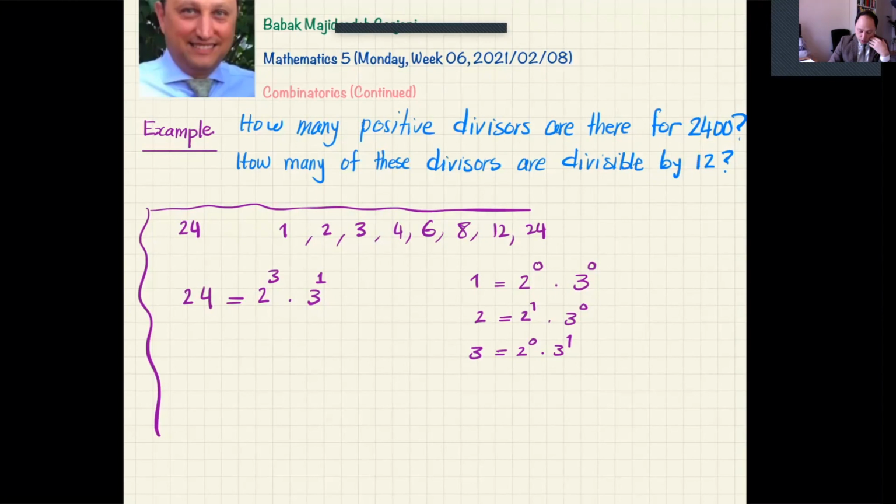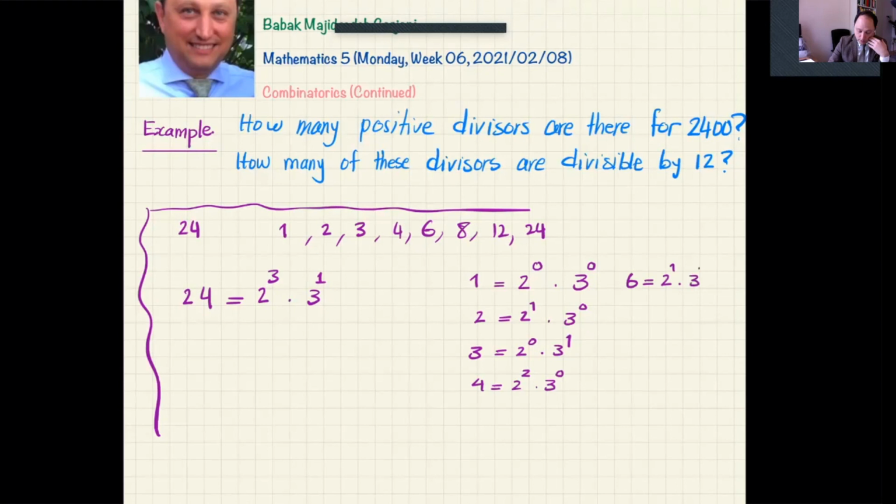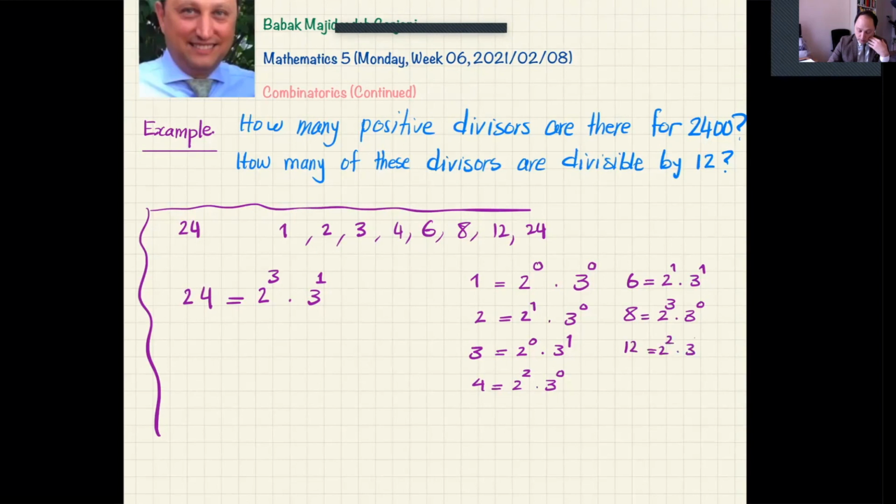And then when I go to 4, what happens? 4 is 2 to power 2, multiplied by 3 to power 0. And when I go to 6, 6 is 2 to power 1 times 3 to power 1. And then when I go to 8, 8 is 2 to power 3 times 3 to power 0. And 12 is 2 to power 2 times 3 to power 1.